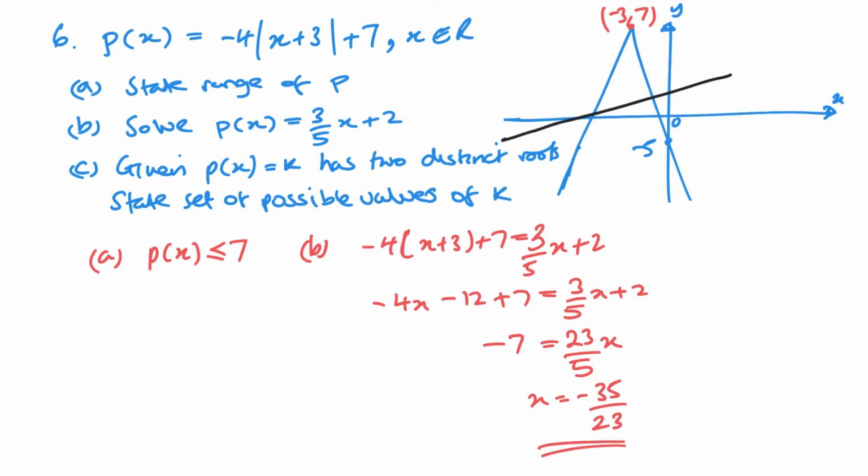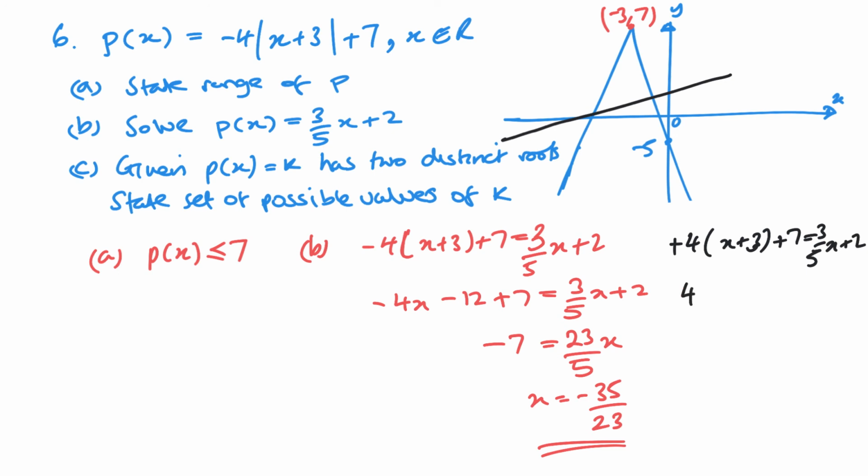Now part B, I'll just change the colour pen because I'm going to write next to it. So this time instead of minus 4, it's going to be plus 4 x plus 3 plus 7 equals 3/5 x plus 2.